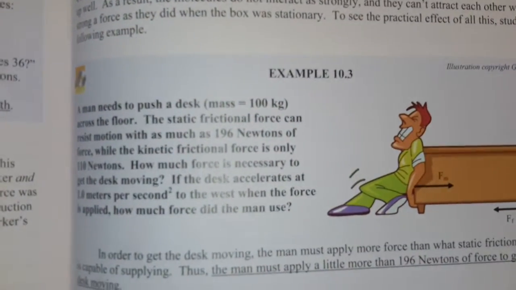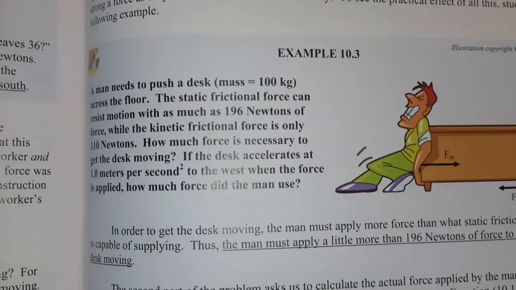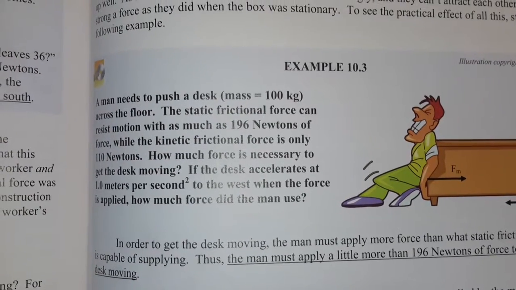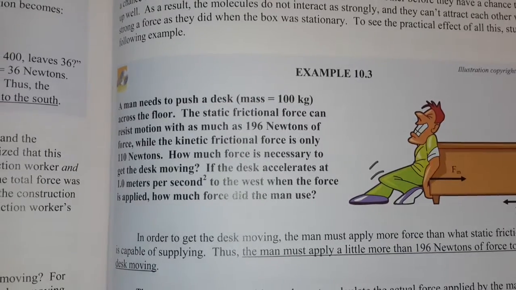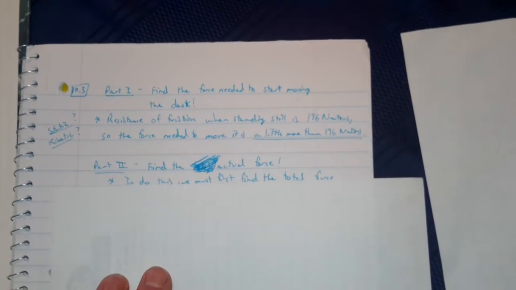And the second part of the question says, if the desk accelerates at 1.0 meters per second squared to the west when the force is applied, how much force did the man use? So it's when it's moving, so we're going to be using that other force as well.